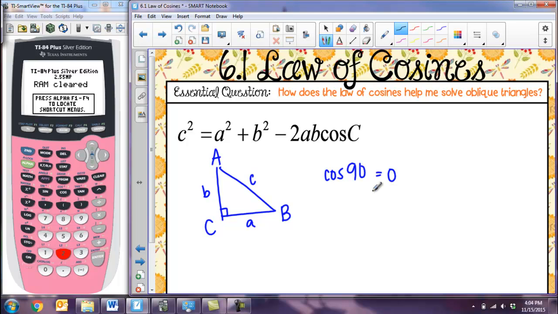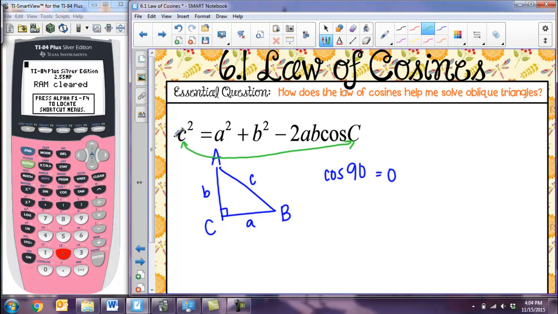So the hardest part about this is to remember how your triangle is set up. So you're always going to want to draw a triangle to go with your problem. And if you notice here, your isolated variable, the one that's all the way on its side by itself, goes with the angle that you use.